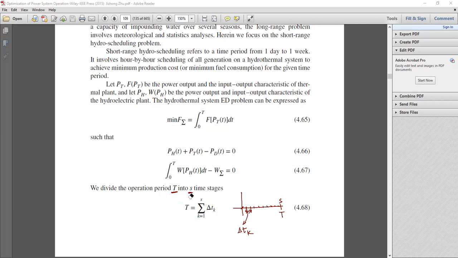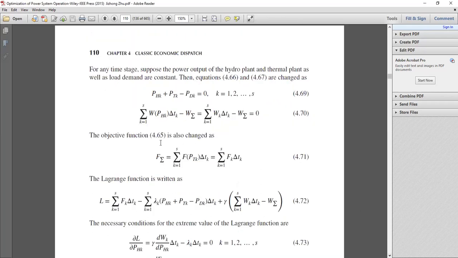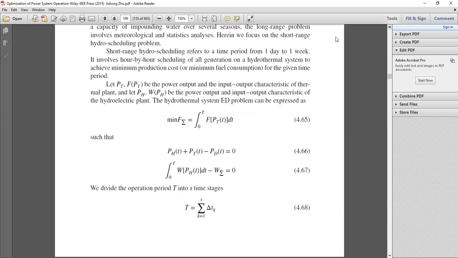Okay, so after discretizing, as we know, the continuous integrals can easily be written in terms of summation form, which we are going to do next. Remember, 4.66 is true for any time stage.